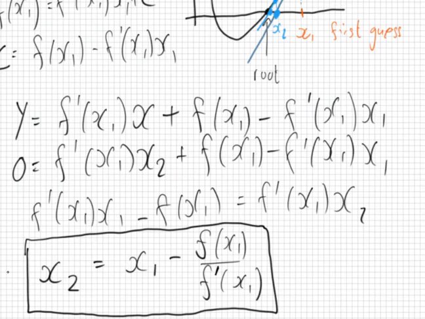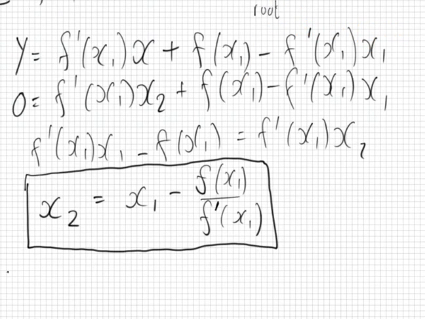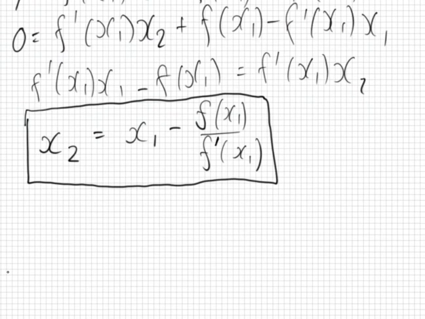So what you have here is x1 is a point where you start at, any point you like, and then x2 is an improvement. It's a closer value to the true root than x1 was. So you think to yourself, well, if I did this formula again, then I get an even better approximation.